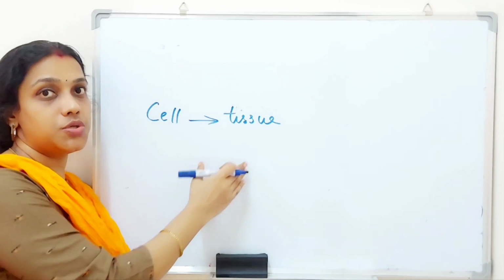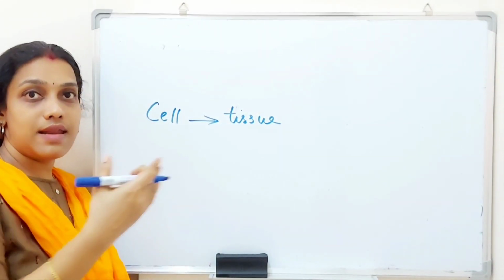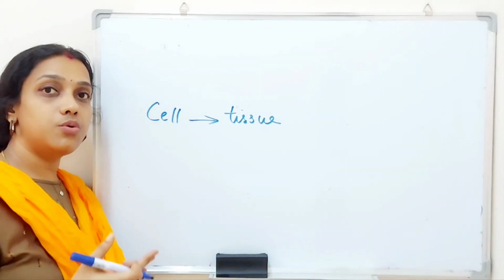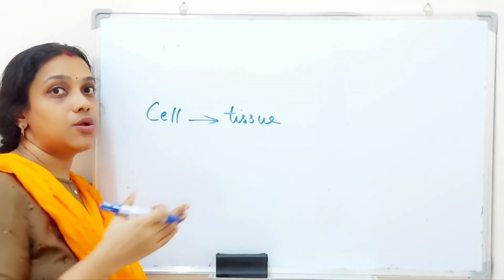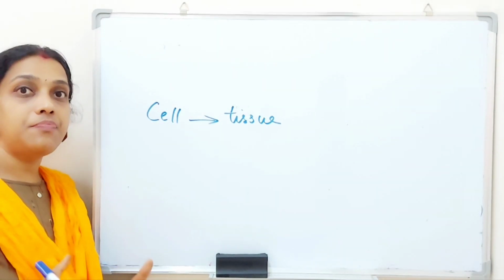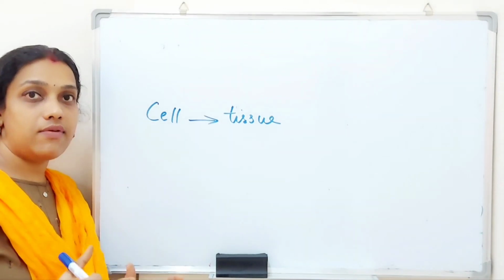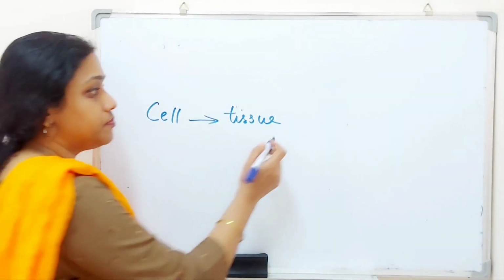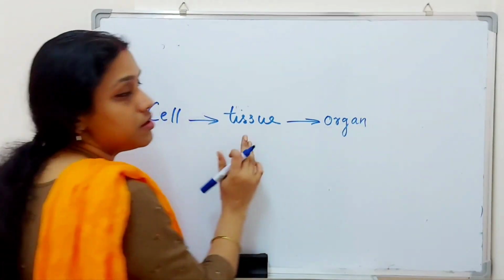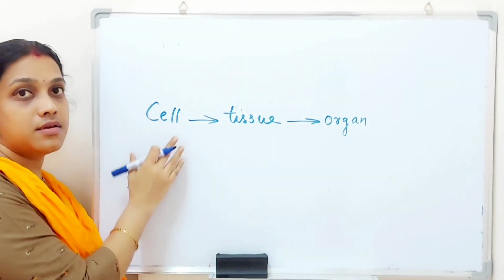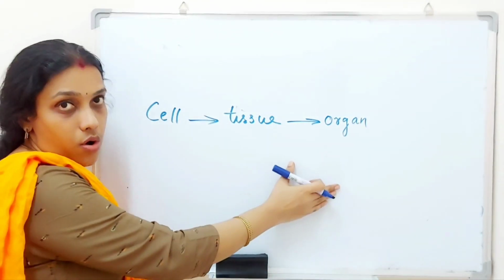Now what happens to the tissue? Again, the same process is happening. It has to go through the further development stages. Similar tissues will be assembled and they will give rise to an organ. So organs are developed from tissues. So starting from the cells, cells assemble to form tissue, tissues assemble to form an organ.